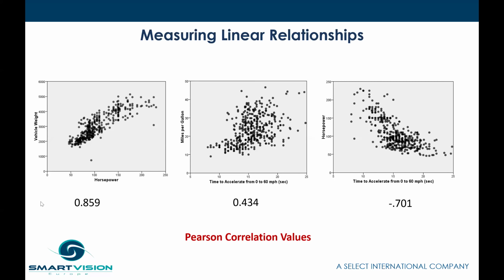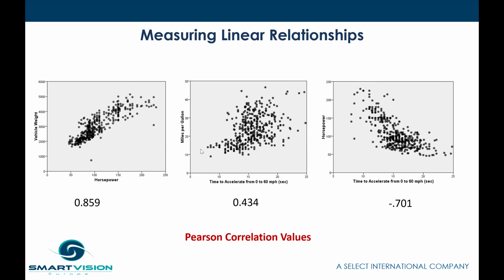And the closer it is to those extremes, to +1 or -1, the more linear the relationship is, the more perfect the relationship is. A value of 1 would mean that the same variable was effectively correlated against itself. And a value of 0 would mean that there was no relationship between the two factors at all, or at least no linear relationship between the two factors at all.